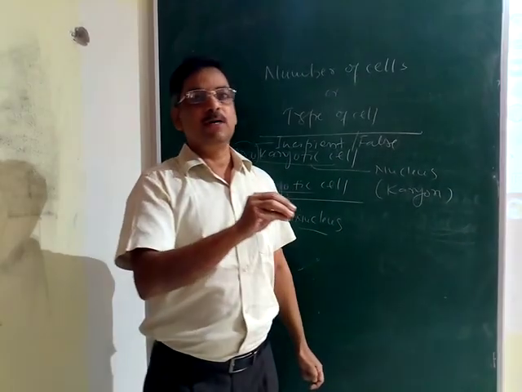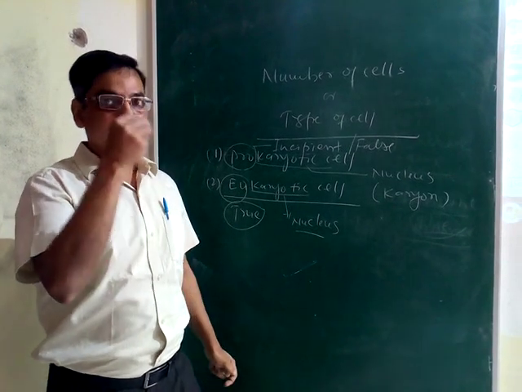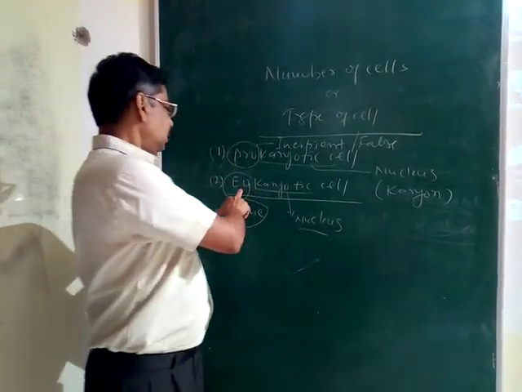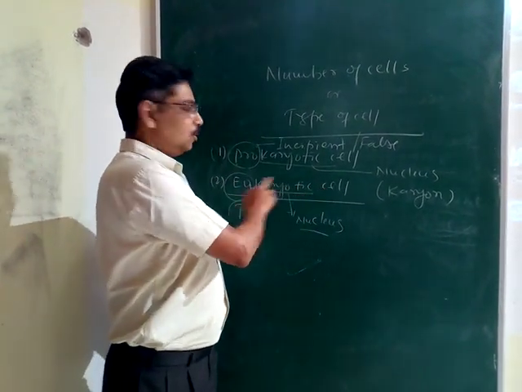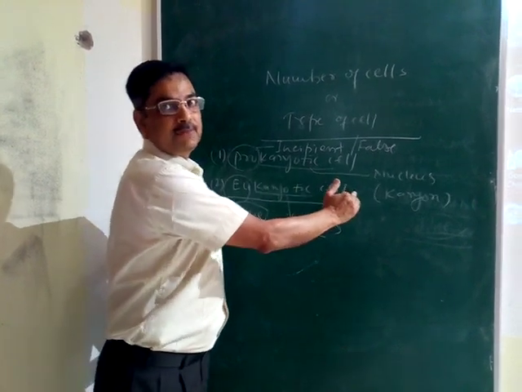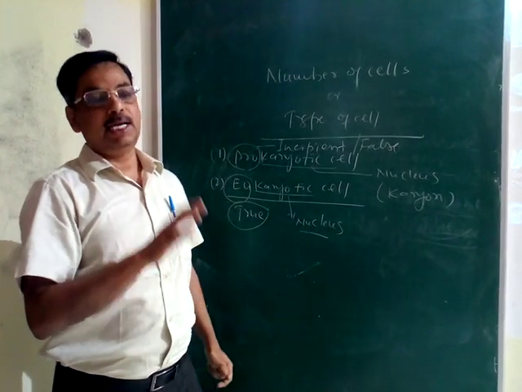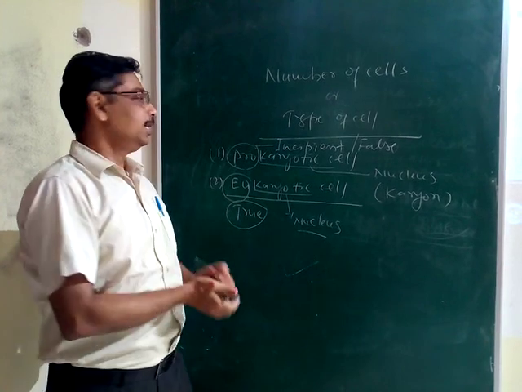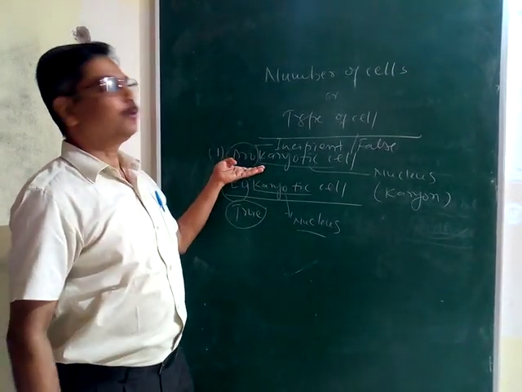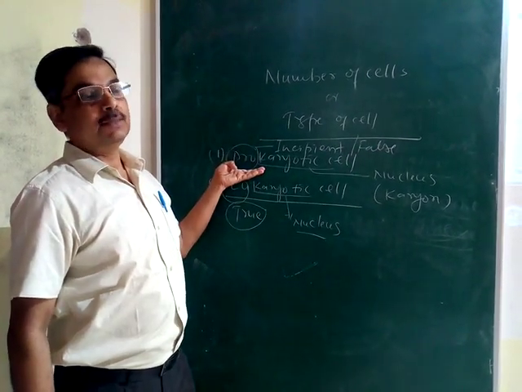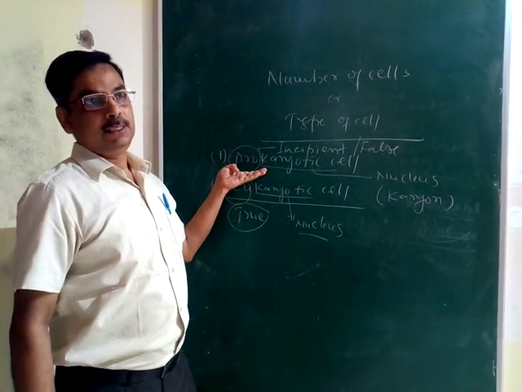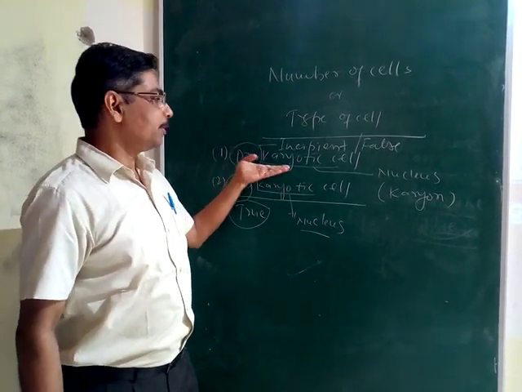All multicellular organisms which can be observed with our naked eyes are eukaryotic organisms. The microscopic ones like bacteria, viruses and algae come under prokaryotic cells because they don't have a true nucleus.